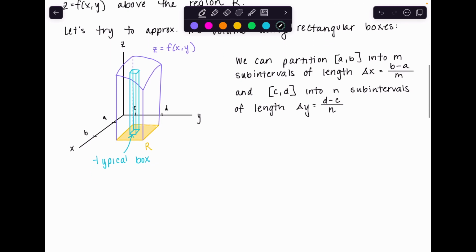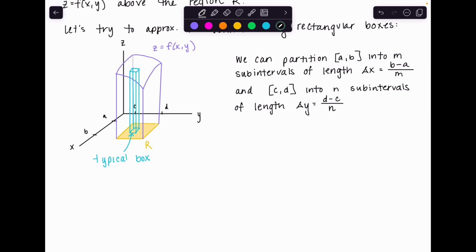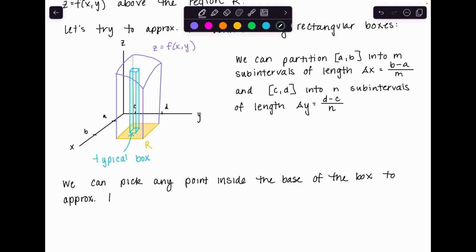So I'll show you in a better picture what that looks like. But really, we can pick any point inside the base of the box to approximate the height. What we ended up deciding to do in Calc 1 is we typically use the right endpoint.